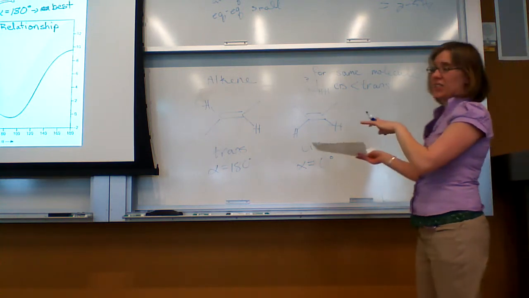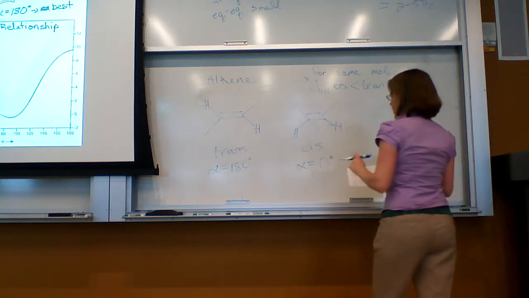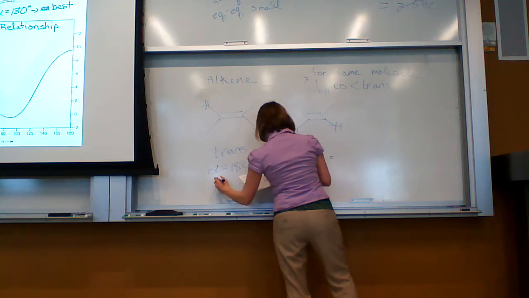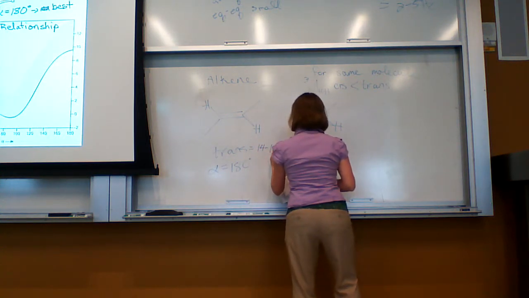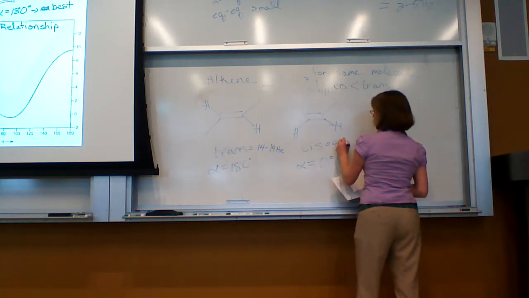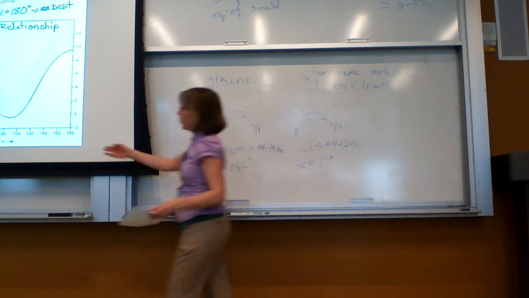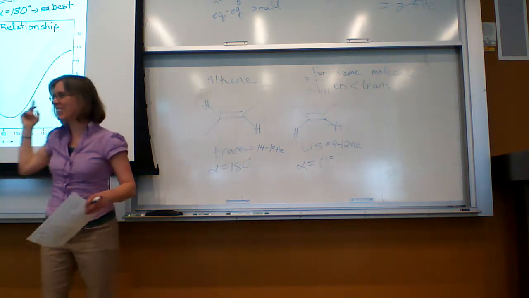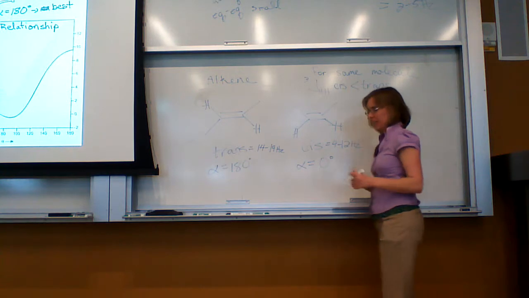In this instance, I don't have a cis or a trans, I'll give you an example that does, though. Typically, our trans is going to be between 14 and 19 hertz, and our cis is going to be between 4 and 12 hertz. The 4's way off, right? Now, that's because it's a relationship. It's not a direct calculation. We can't say for sure, there are other factors in there.